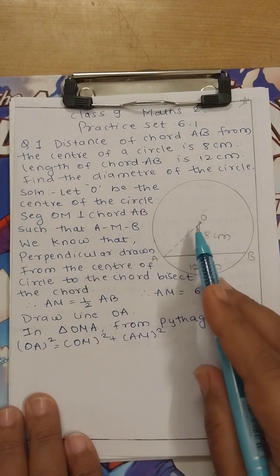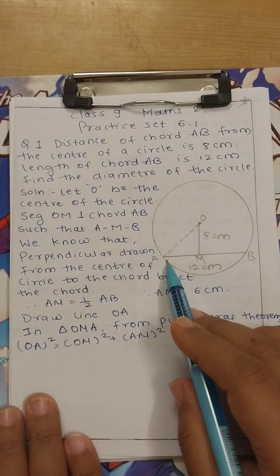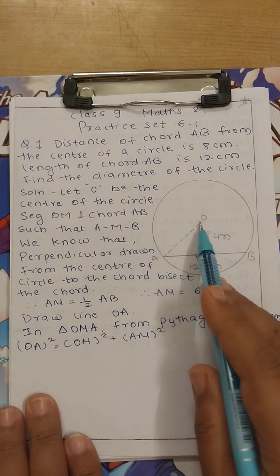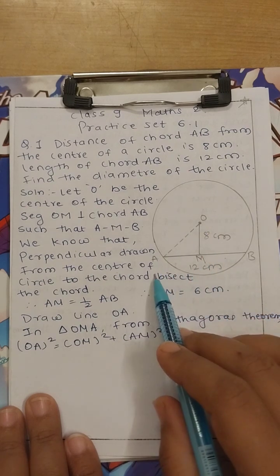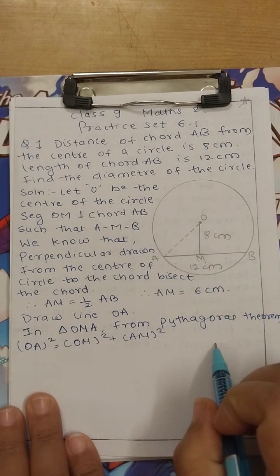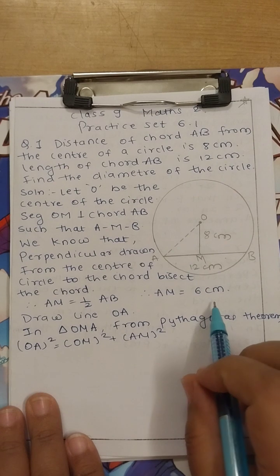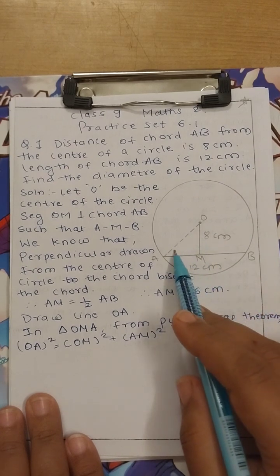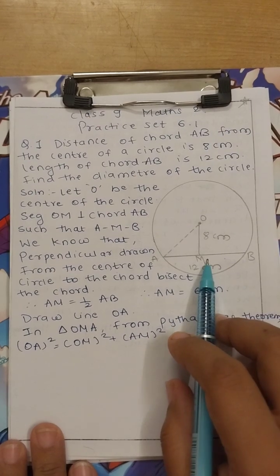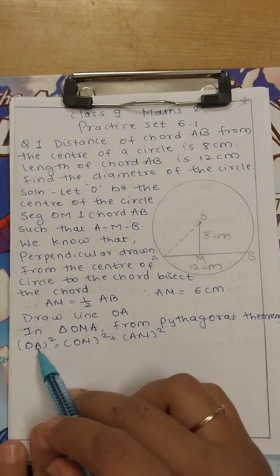Now what have I done? Draw OA. Then triangle OMA is formed. So in triangle OMA, by Pythagoras theorem, OA square is equal to OM square plus AM square. We don't know the value of OA square.